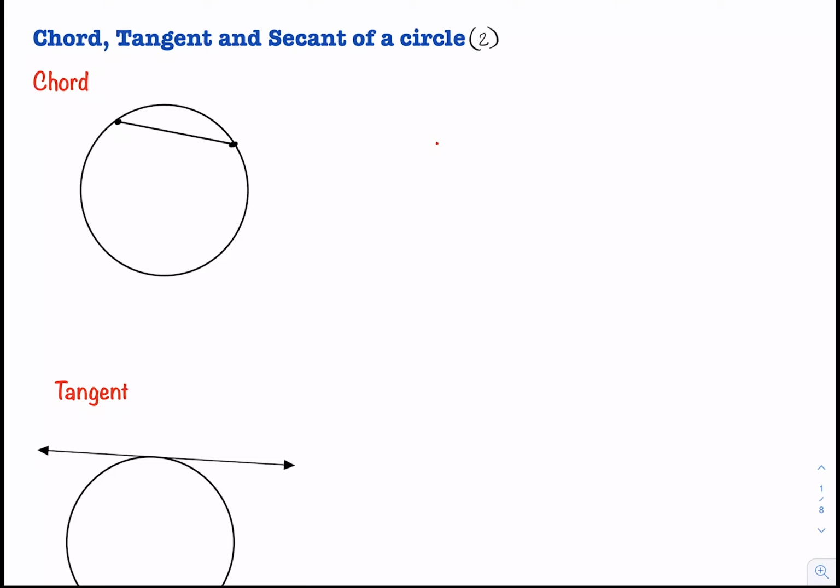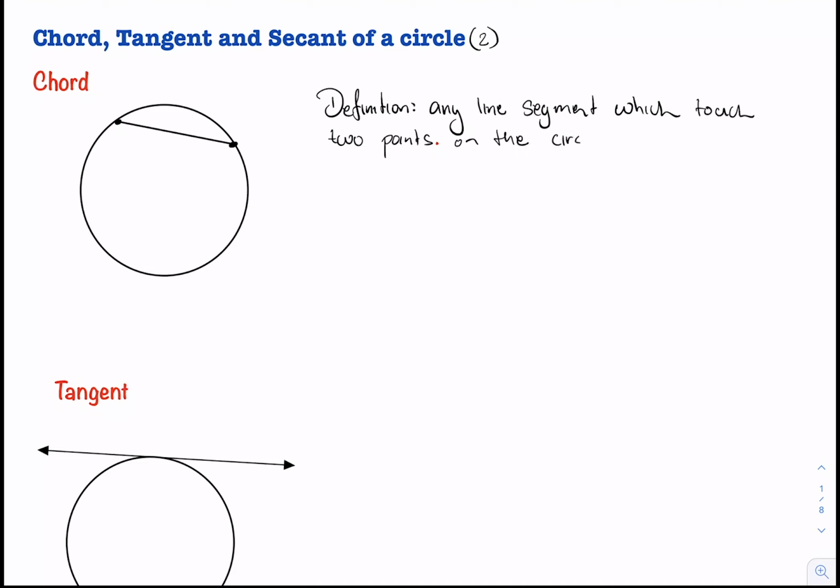So when we talk about a chord, what do we mean by a chord of a circle? The definition of a chord is any line segment which touches 2 points on the circumference of the circle.